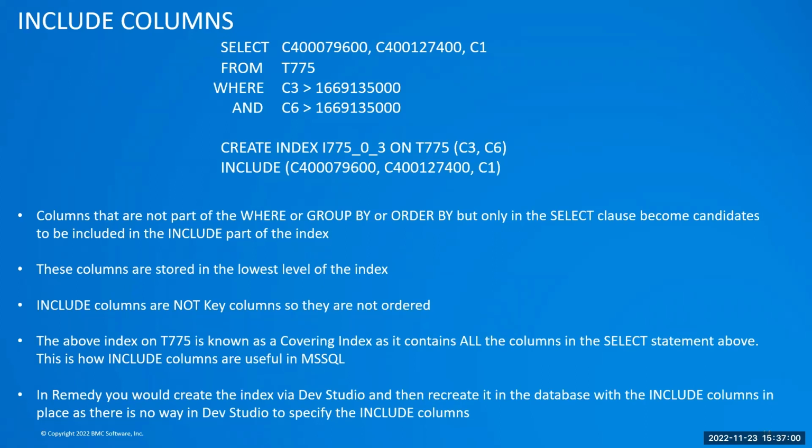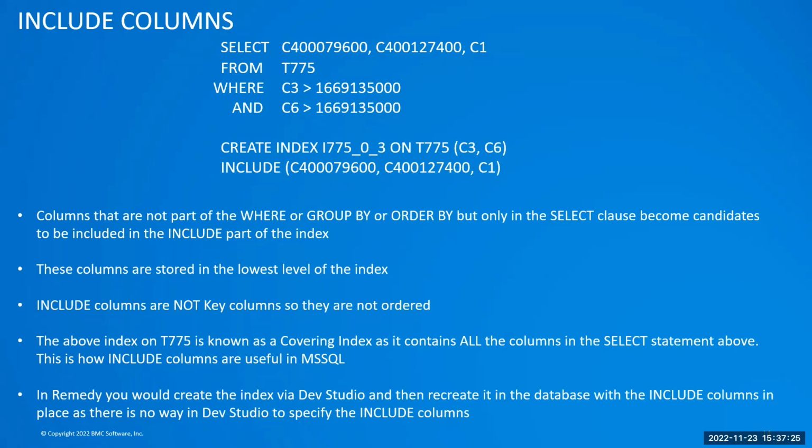So let's say you have a query, something like this: select these 3 columns from T775, which usually happens to be base element, where the modified create date is greater than some number and the last modified date is greater than the same number. So I would create the index on these 2 columns in the predicate, aka the where clause.